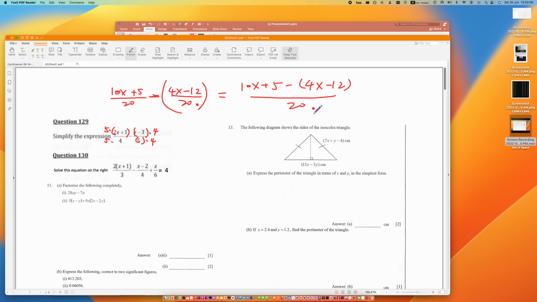Can I ask you how you remember this bracket? Because some of my other students cannot remember. How do you remember to put in the bracket? Generally you remember the bracket, but next time hopefully you also remember.